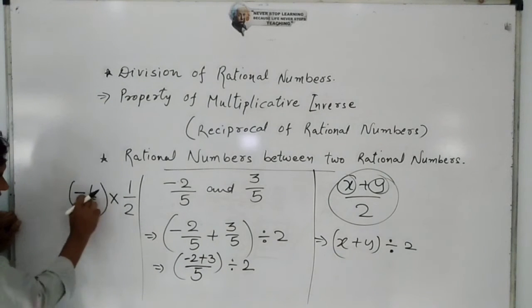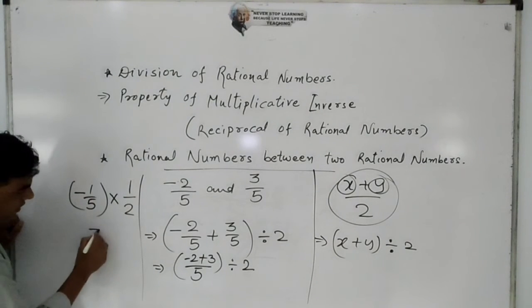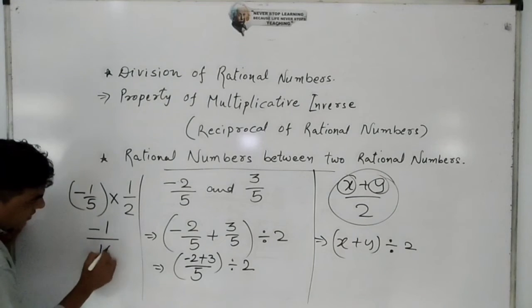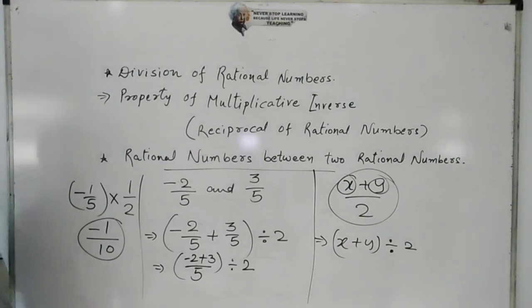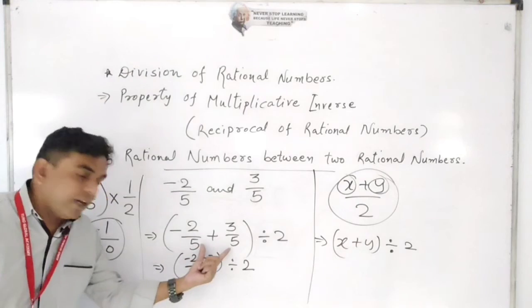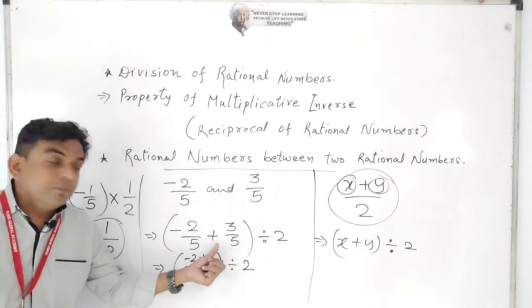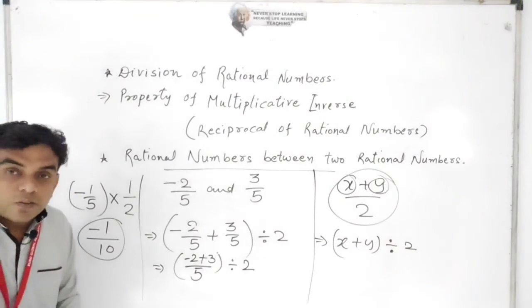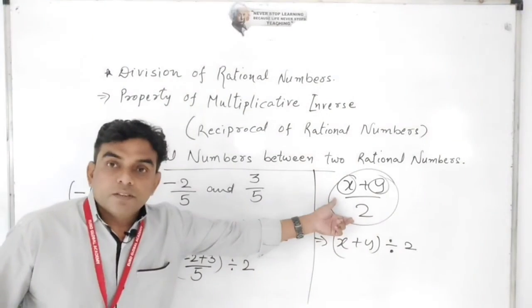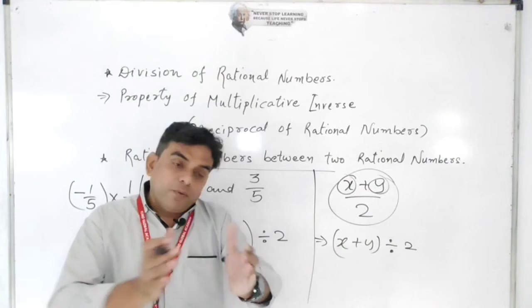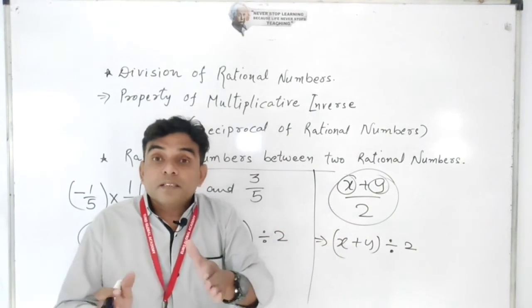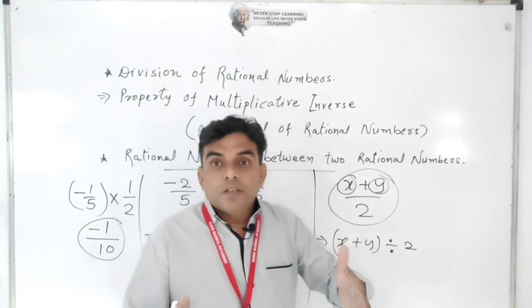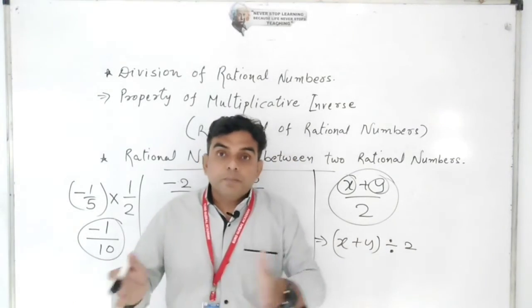Then it is multiplication: minus 1 into 1 is minus 1, and 5 times 2 is 10. So minus 1 upon 10 is the rational number between both numbers. You can go with the concept: the addition of two rational numbers divided by 2 gives you the rational number between them.